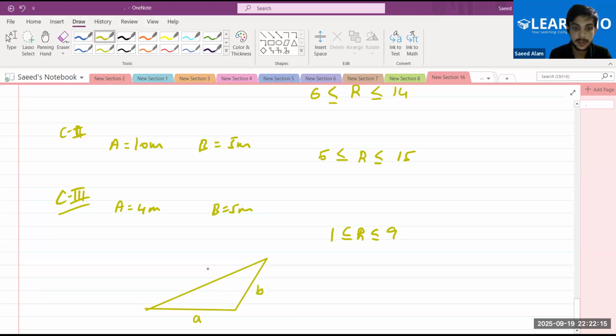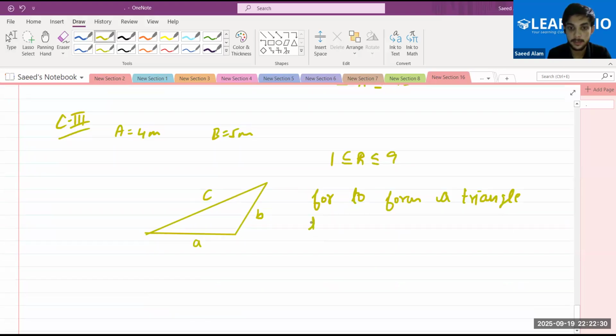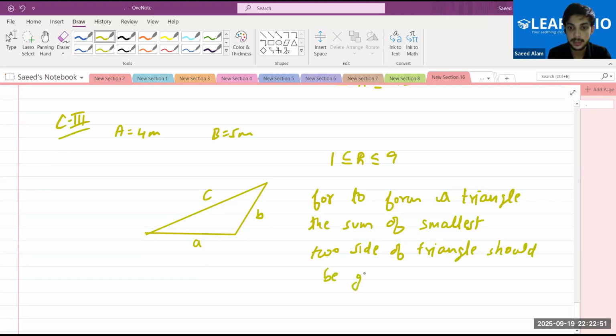Let me write this to be A, B, and C. To form a triangle, the sum of two sides of the triangle should be greater than the third.